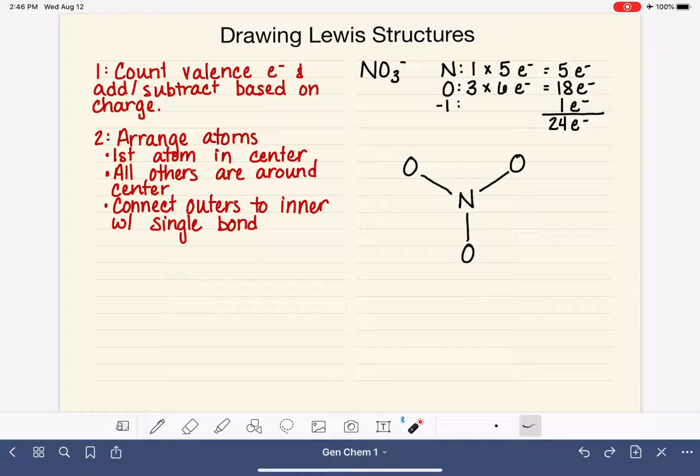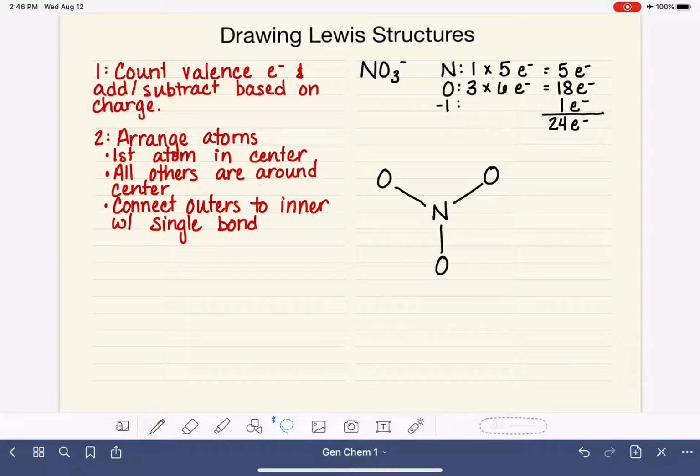Now, after we've done this process, what we need to do is figure out how many electrons we just used to connect the atoms together with these single bonds and see how many electrons we have left. So we drew here 3 single bonds. Remember, every single bond has 2 electrons in it. So drawing these 3 single bonds, we used 1, 2, 3, 4, 5, 6 electrons.